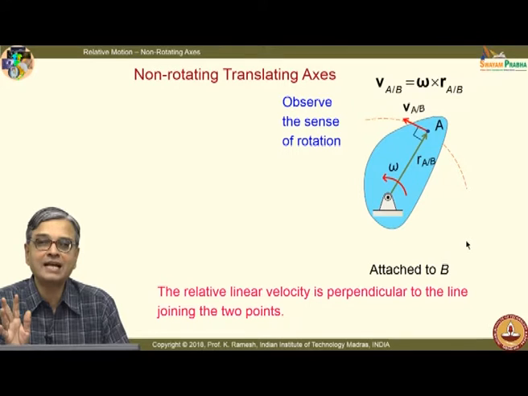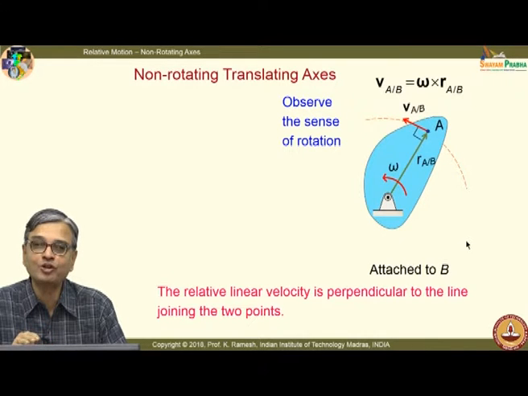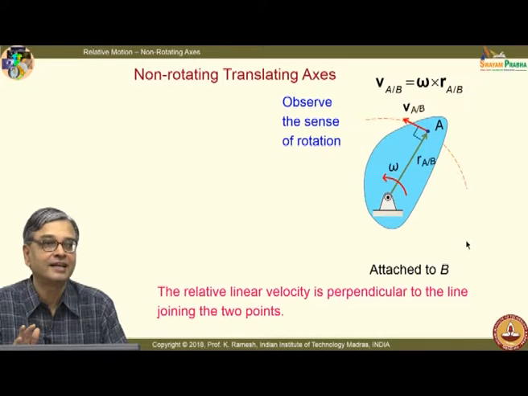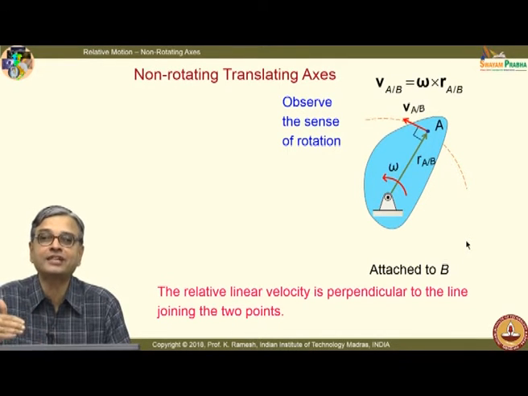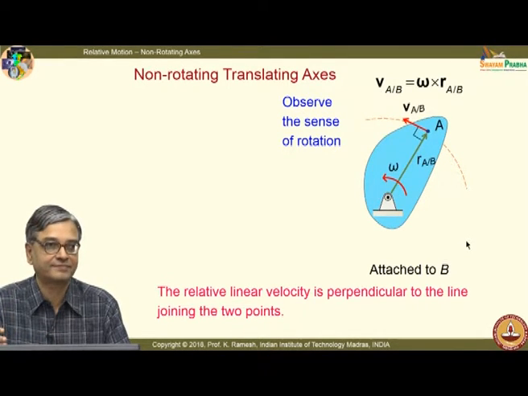See, the body as such has a general plane motion. Our interest is to get the quantities of particles lying on the body to find the absolute velocity and absolute acceleration. This is our goal. As an intermediary, you attach the axis to one of the points and make your computation in stages.